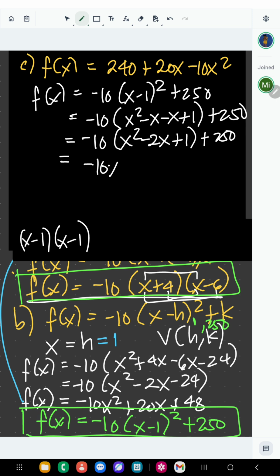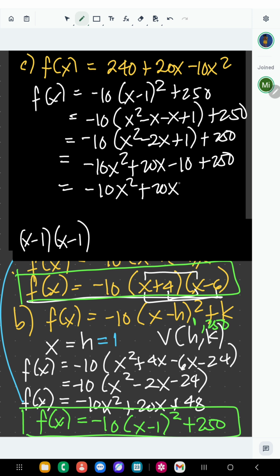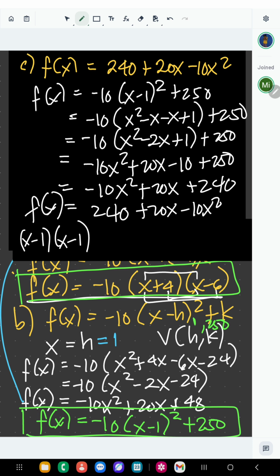Then negative 10x squared plus 20x minus 10 plus 250. So this is just negative 10x squared plus 20x plus 240. Or we can write this as 240 plus 20x minus 10x squared. See, they're just the same, right? So that means the equation in the vertex form can be written in this way.